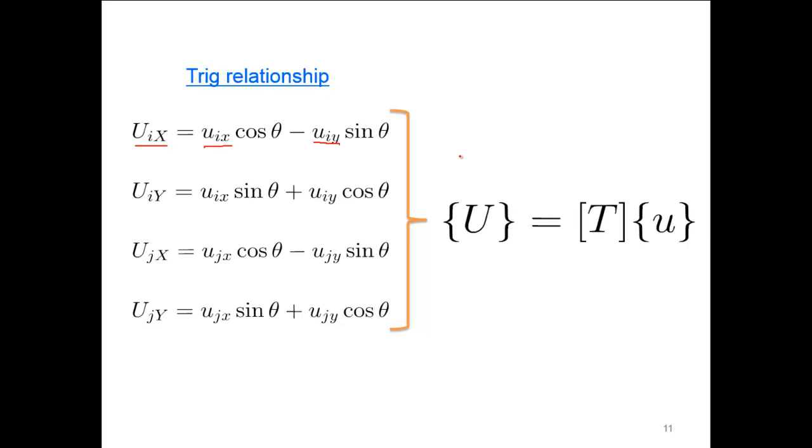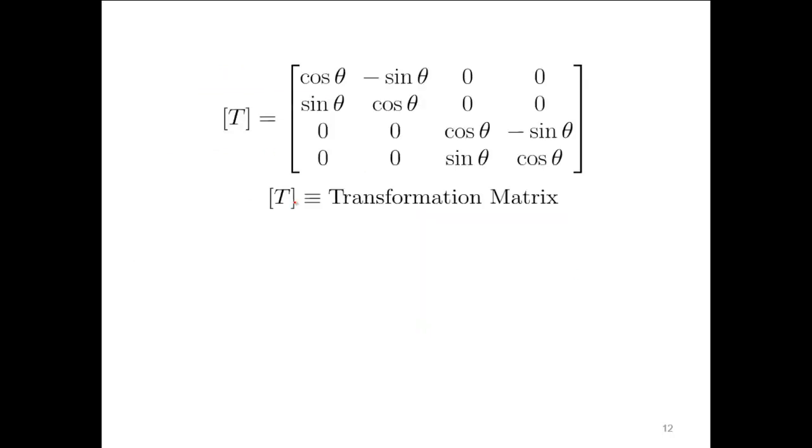All right, so we have our global coordinates for our element, and we have the local coordinates for our element, and we have this new T. This T is going to be called our transformation matrix. Looking at the next page, it's just going to involve these cosines and sines that we have here. They're the same cosines and sines, and you can track back to the previous slide and see how you have the different local versus global coordinates going on there.